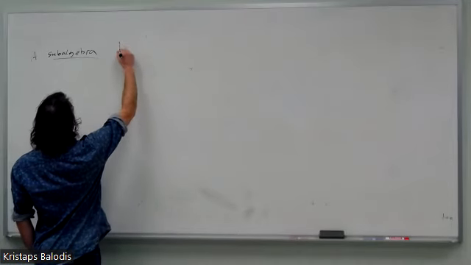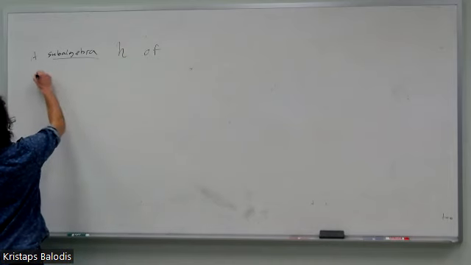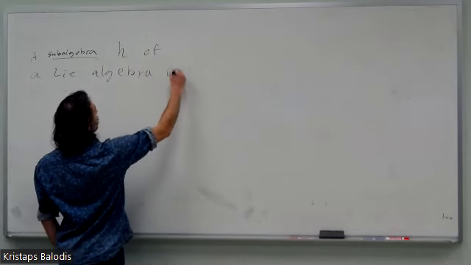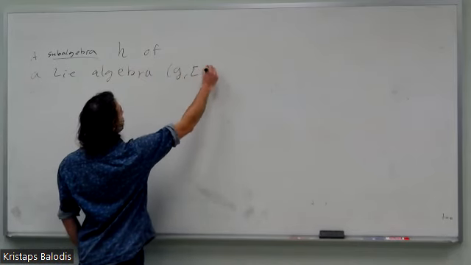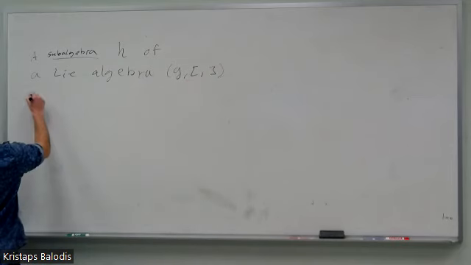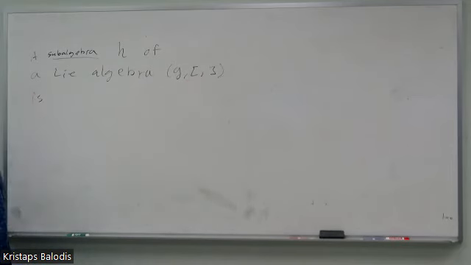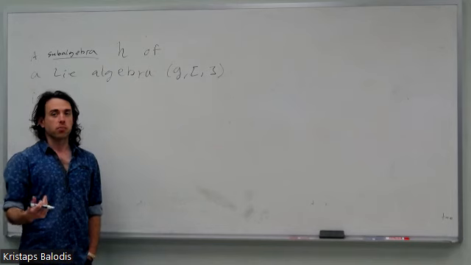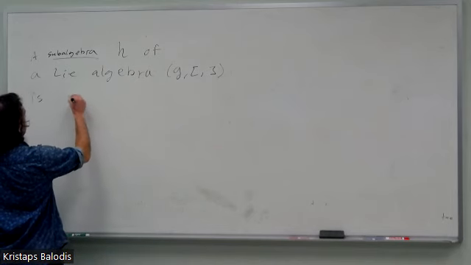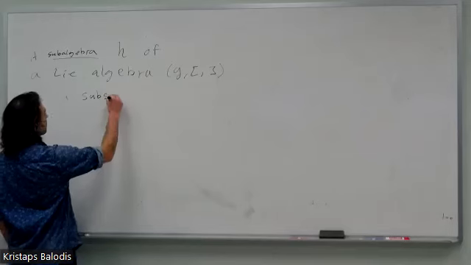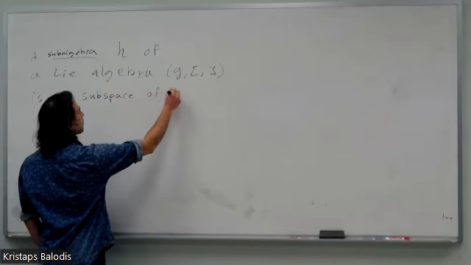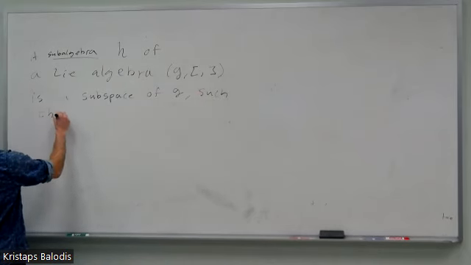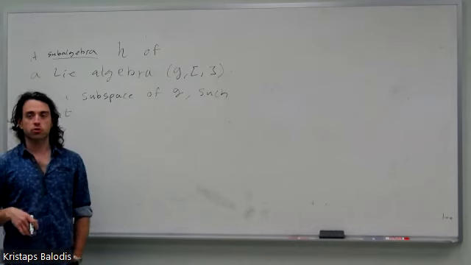A subalgebra H of a Lie algebra G with bracket is, well, of course, what is a Lie algebra? It's a vector space with a bracket, so probably our subalgebra should be a subspace such that, well, it should itself be a Lie algebra.